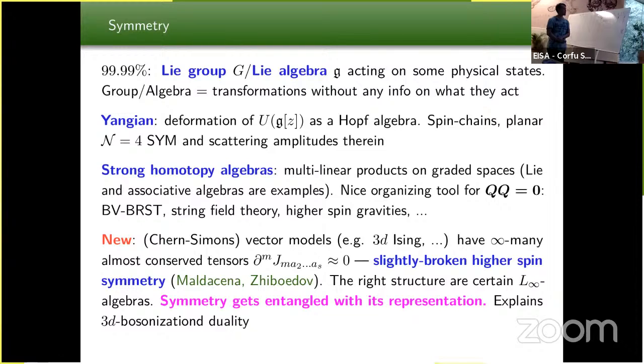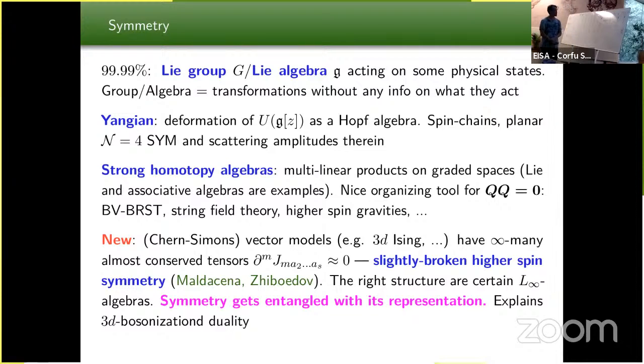These are some extensions of which usual Lie algebras and associative algebras are just particular examples. And whenever you have some square root of 0, some operator Q that squares to 0, you can interpret it as an L infinity algebra, and then it finds lots of systematizing and organizing applications in BV, BRST, string field theory, also higher spin gravity. So maybe Branislav will tell us about this later.